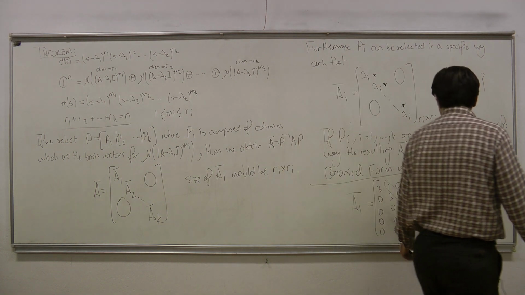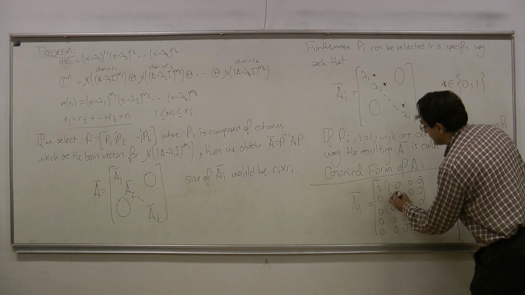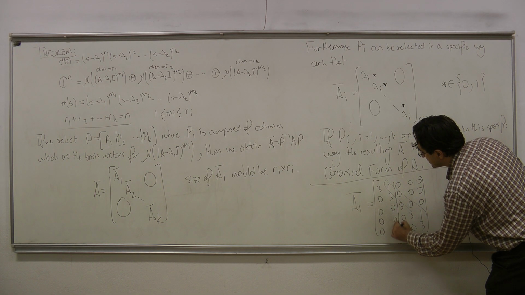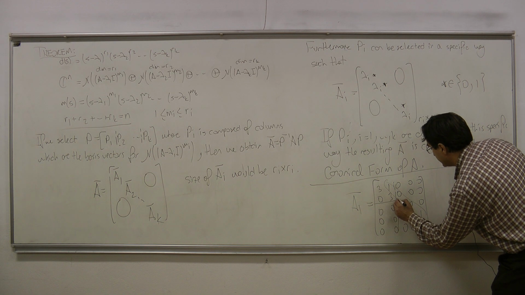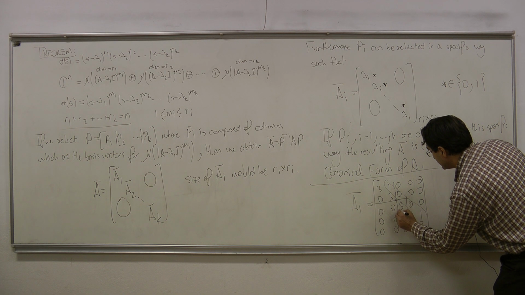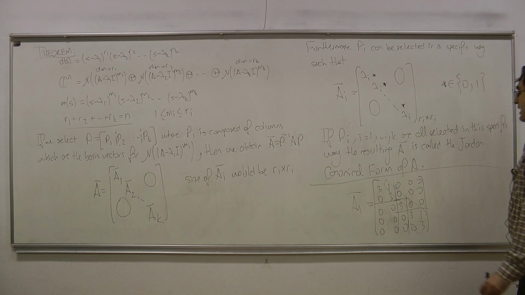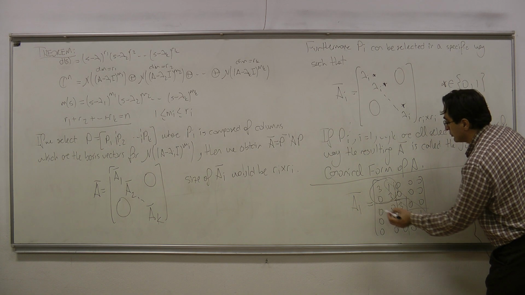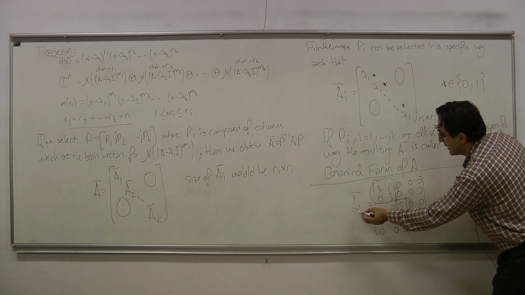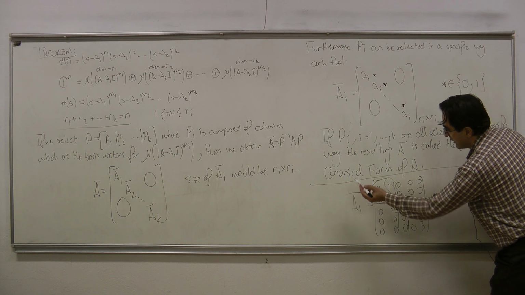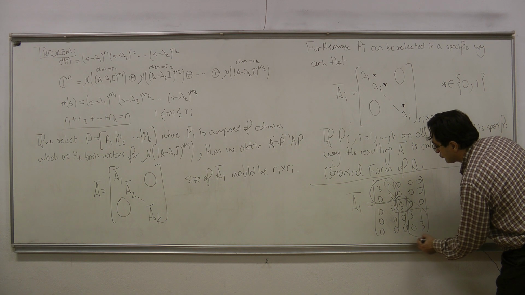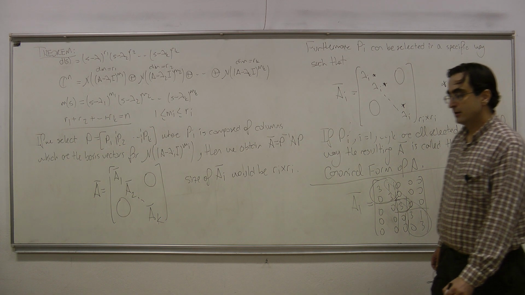And sometimes what we do in this case is we try to group these ones into some blocks. Okay? So we try to group them into blocks like this. And we call these individual groups inside A1 bar, for example, the Jordan blocks. Okay?